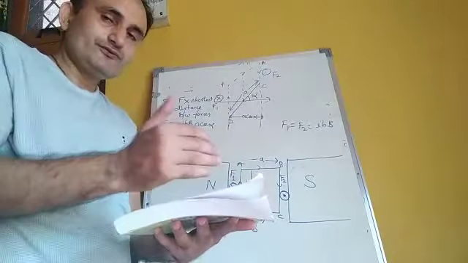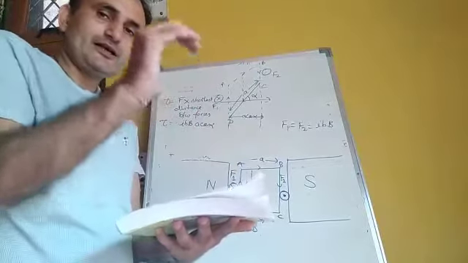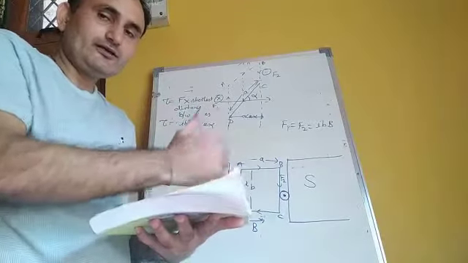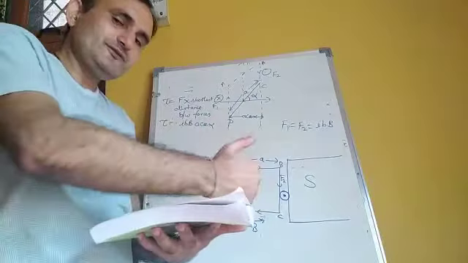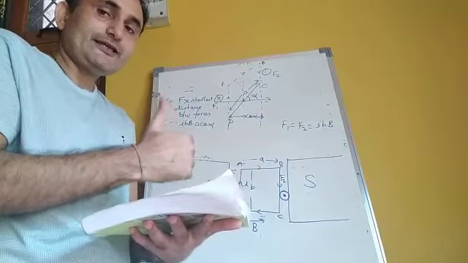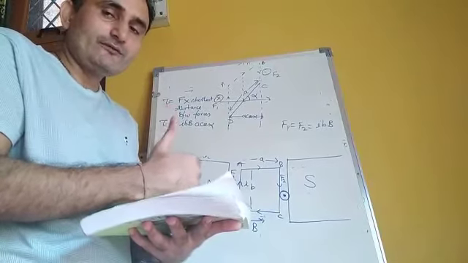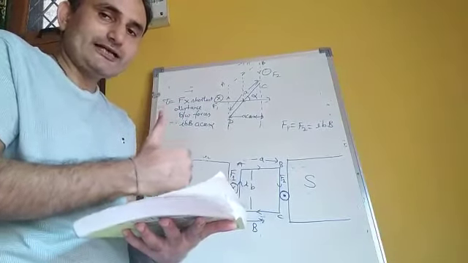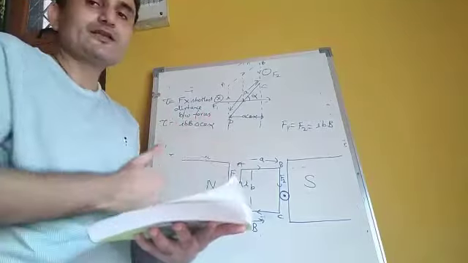We use the right hand curl rule. So if current is moving like this, the direction of the thumb is called the normal or the direction of the area of this loop.